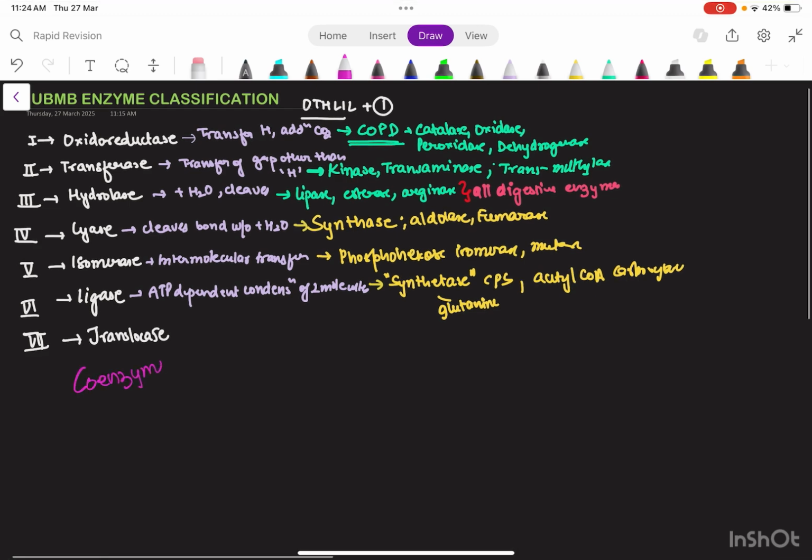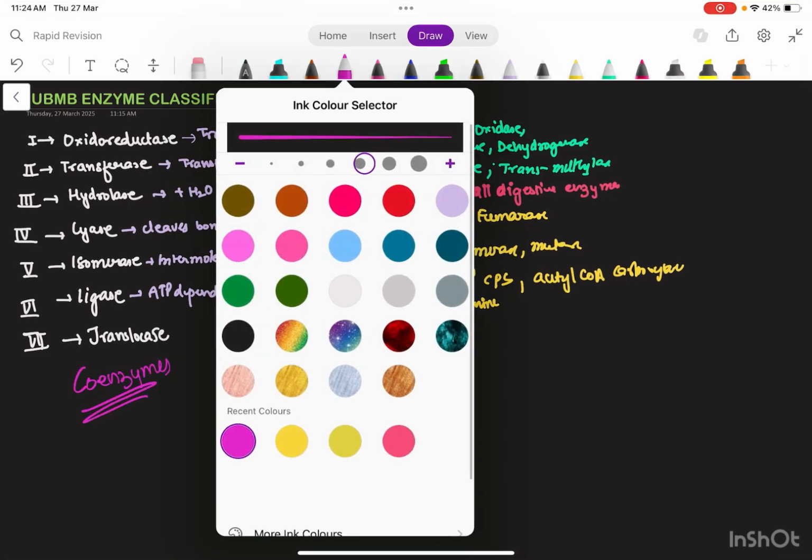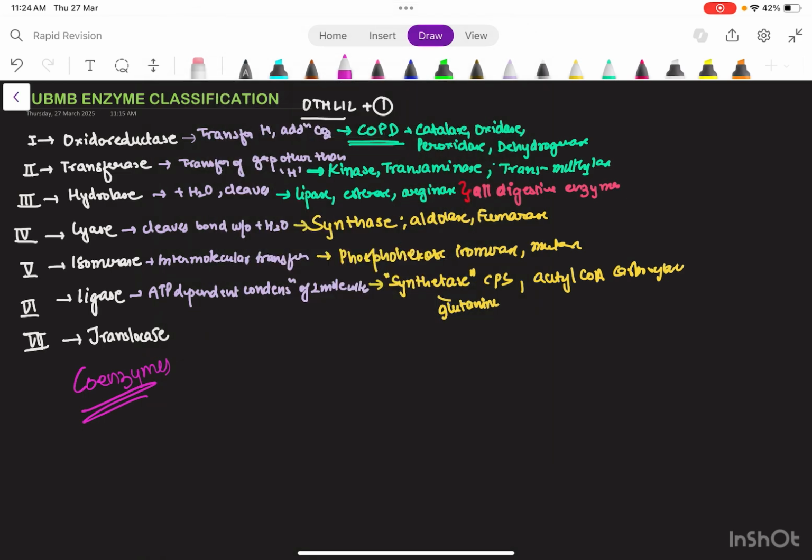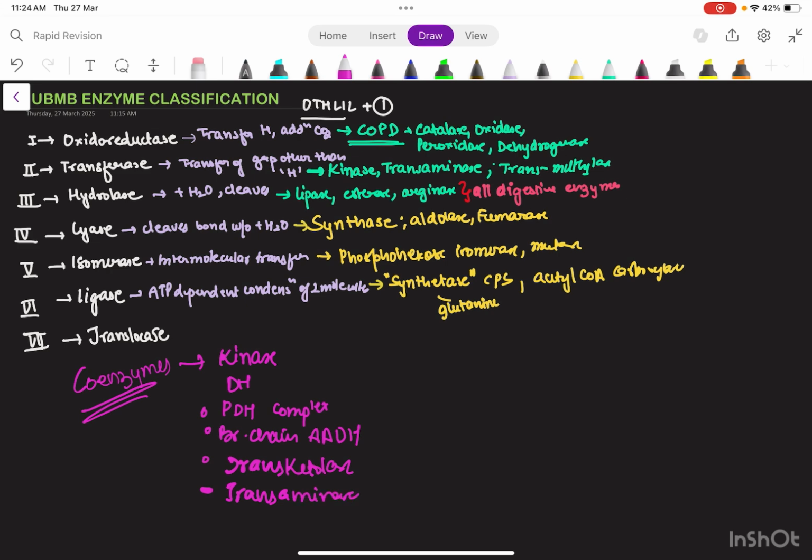Now in coenzymes you need to know certain examples, like for kinase what is the coenzyme, for dehydrogenase, for pyruvate dehydrogenase complex, or you can talk about branched chain amino acid dehydrogenase complex, then the coenzyme of transketolase, then transaminase and carboxylase. Okay, let's just enlist them.